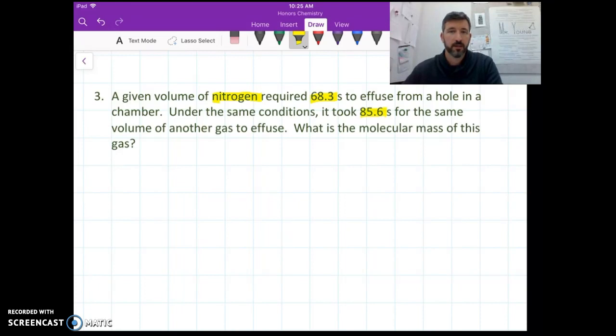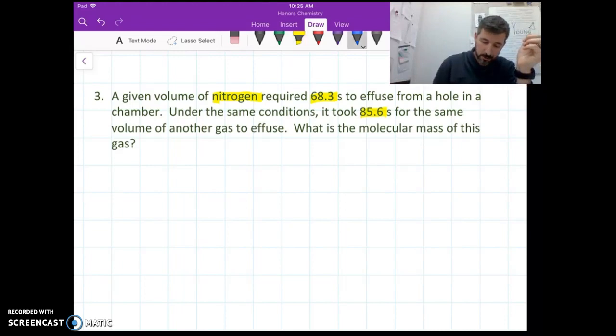Okay, so you should have said inversely, right? So nitrogen took longer. That means nitrogen is slower. So what I'm going to do is start setting up my math here with 68.3, my relative velocity, not for nitrogen, but for the other gas.